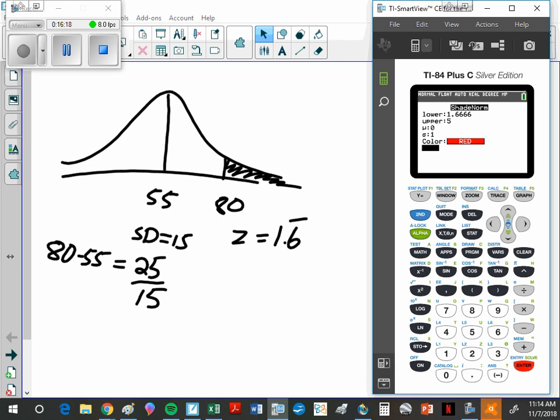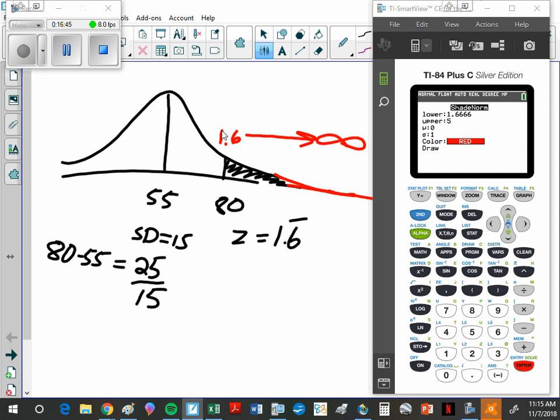So we want to go from 1.6 all the way out to infinity, but eventually there's so little area over there that we just quit caring. So I could say 1.6 to 1,000, and what we realized early in the school year is once you get past 5, the numbers are so small the calculator doesn't pick it up.